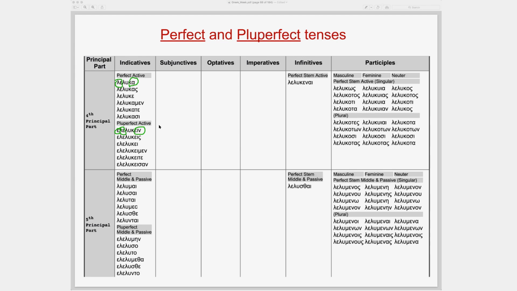So you've got a prefix and a suffix, same word, lu. So the reduplication tends to indicate the completion, and the epsilon tends to indicate the past, in a sense.